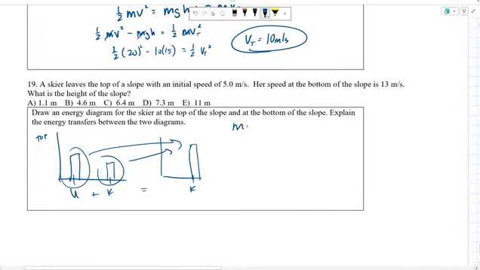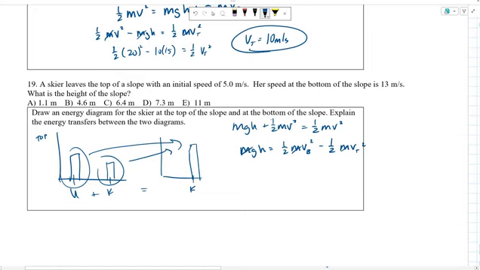That tells me that mgh at the top of the hill plus 1/2 mv squared at the top of the hill is equal to the kinetic energy 1/2 mv squared. We are looking for the height, so mgh is equal to 1/2 mv at the bottom of the hill squared minus the kinetic energy at the top of the hill.